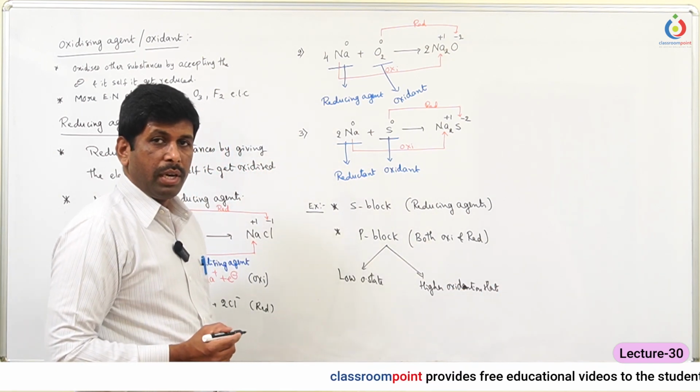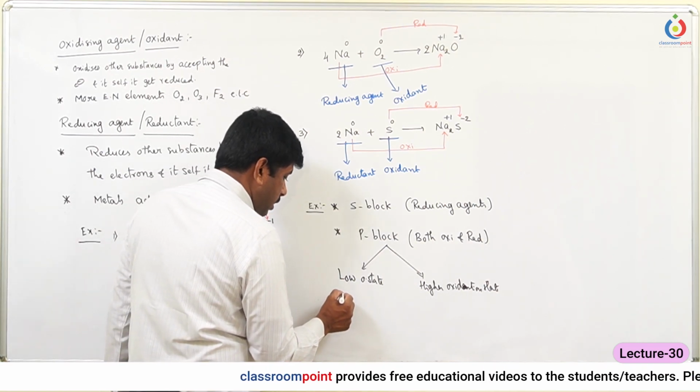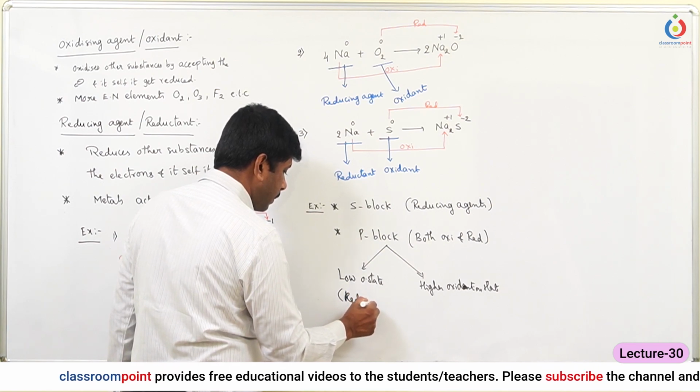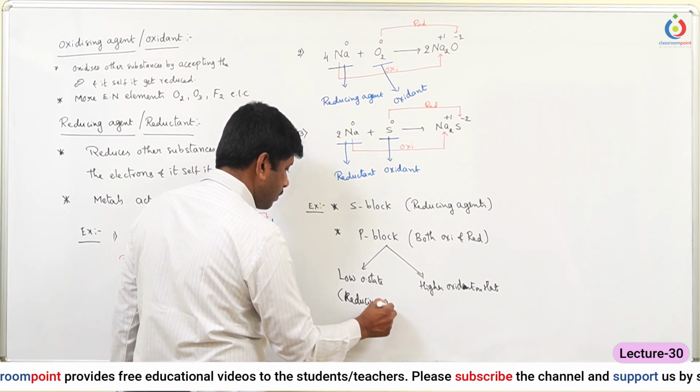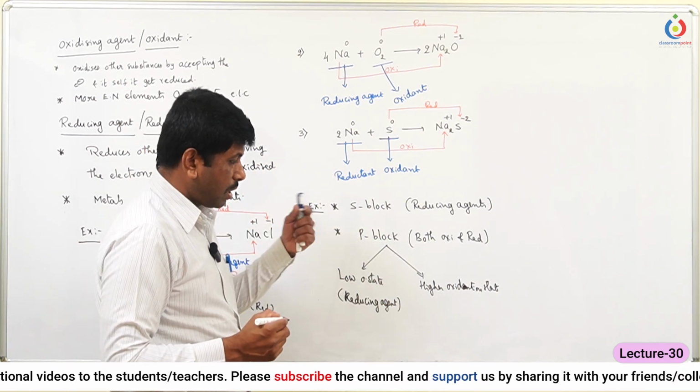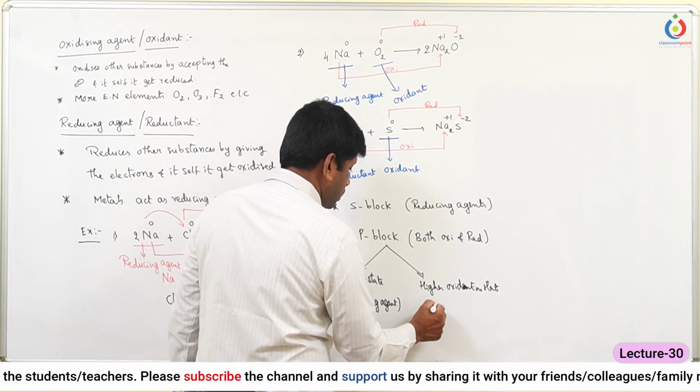So for any element, the lowest oxidation state always acts as the reducing agent. Higher oxidation compounds always act as the oxidizing agent.